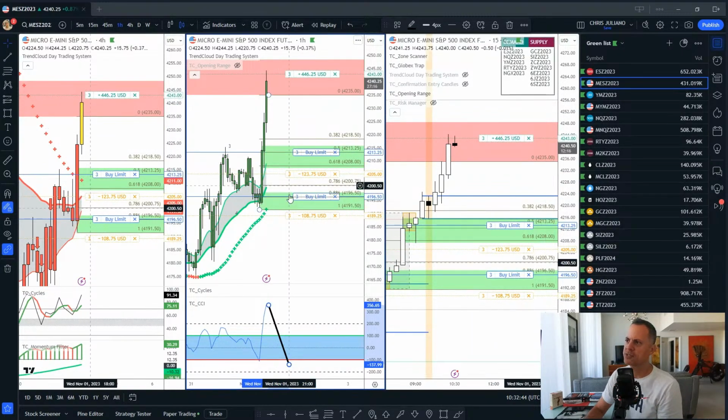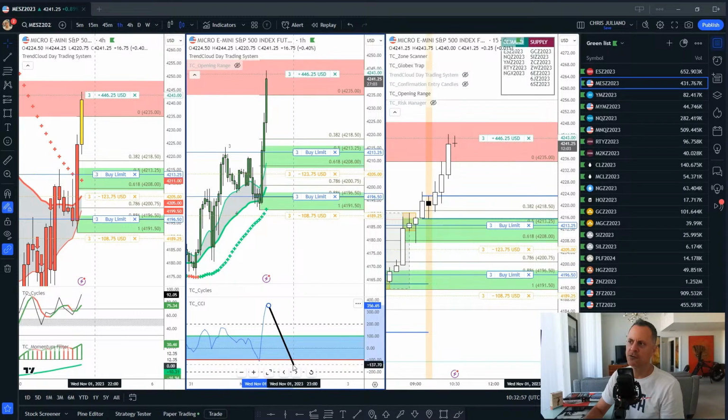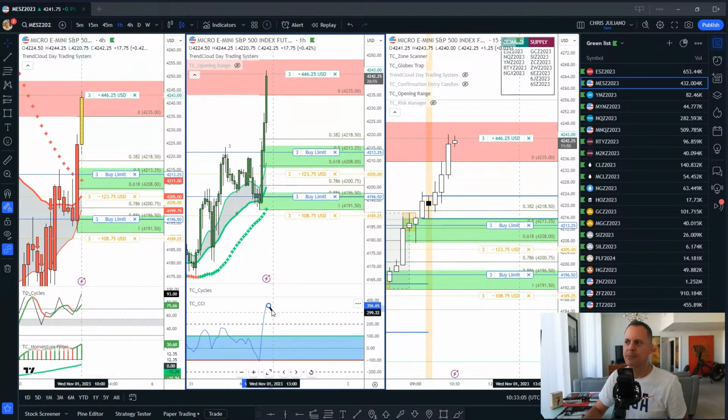So if this rips down here and CCI breaks below negative 100, or if it goes sideways for a while and then starts dipping below negative 100, then we got to be careful. That's what you don't want to happen. But yeah, you can leave that on. We are way above positive 200 here.